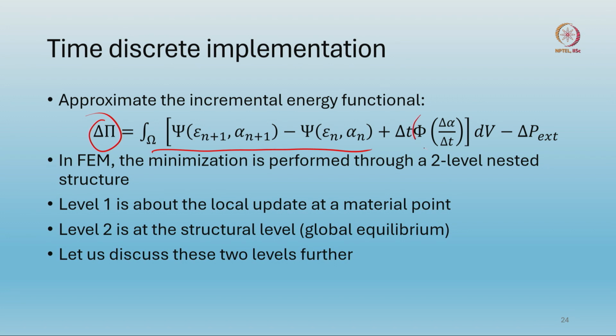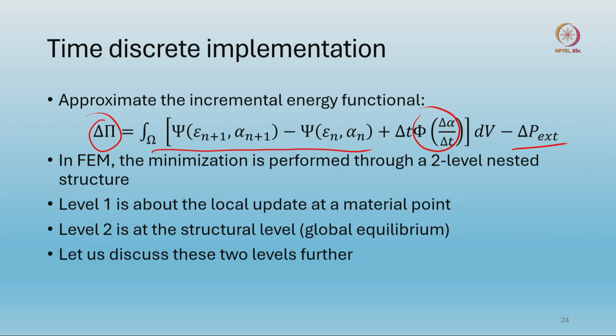Remember that phi is basically an entropy like object, dissipation. So therefore this multiplication by delta t makes sense, right. Otherwise there is no uniformity in the units, okay. So minus delta p external.